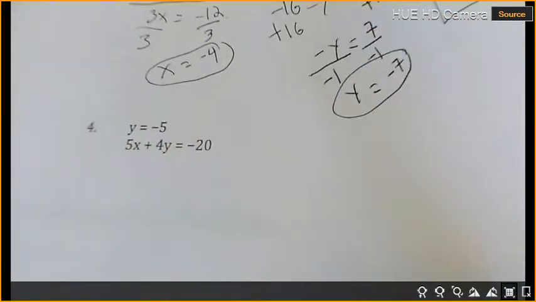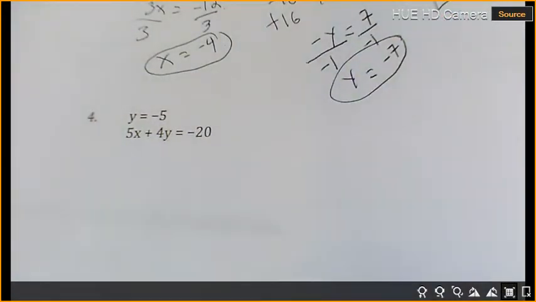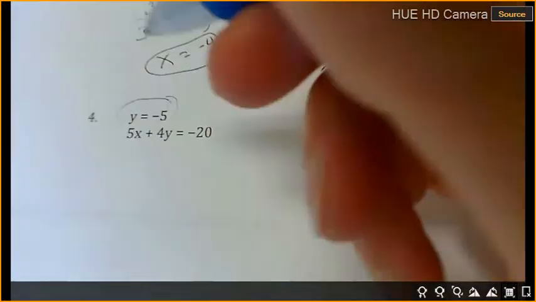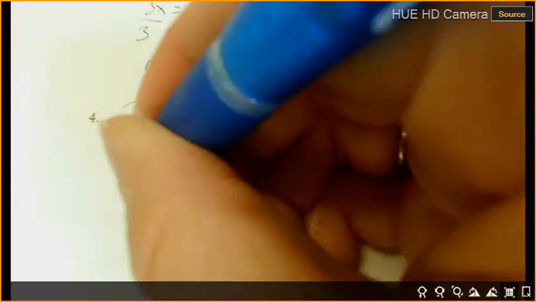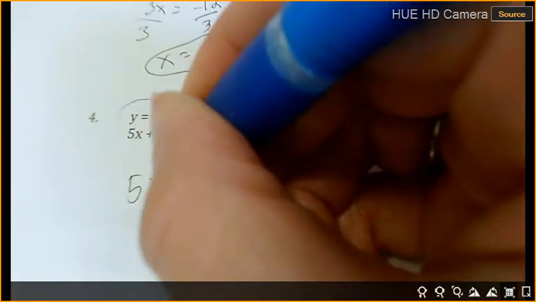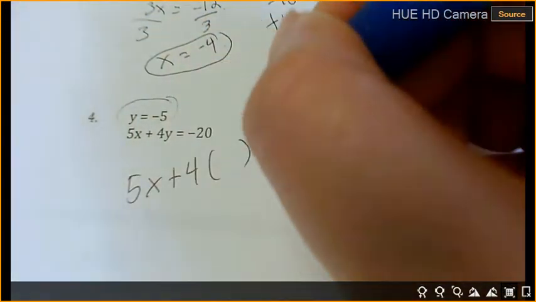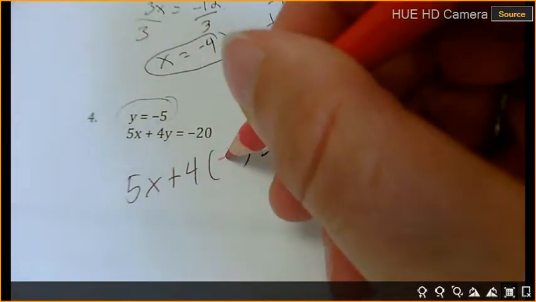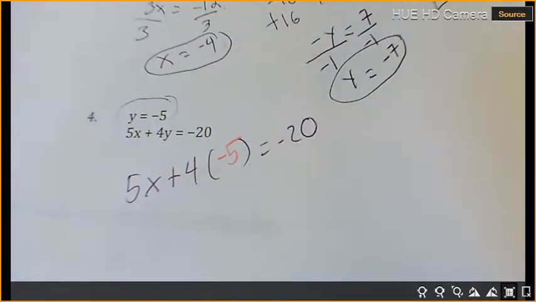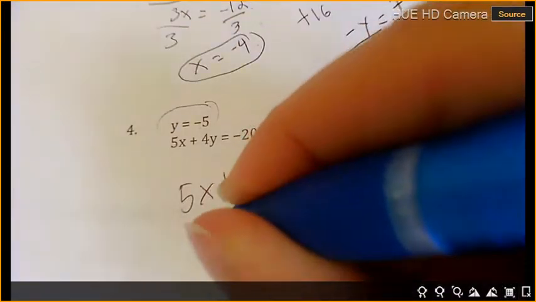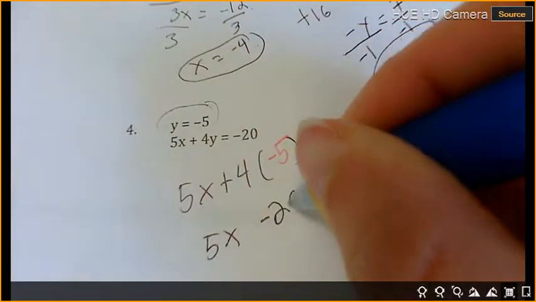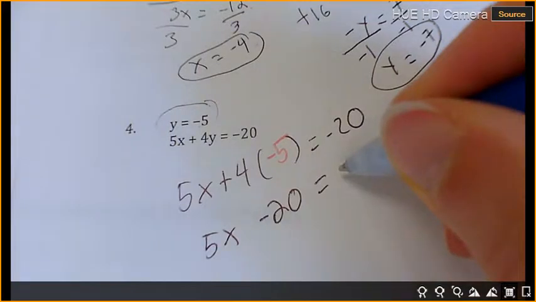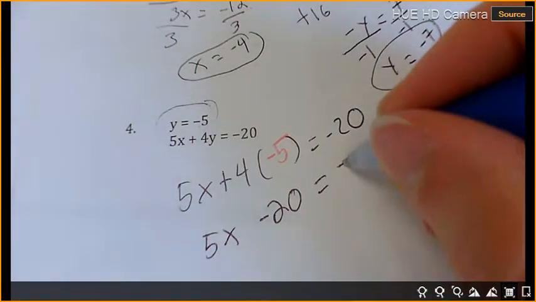Number 4, what do we want to do for this one? Elimination or substitution? Yeah. Substitution, because y just equals one thing. It makes it easier. Substitution's easy. 5x plus 4 equals negative 20. I'm going to put the negative 5 right here instead of a y. Okay? So I get 5x minus 20 equals negative 20.